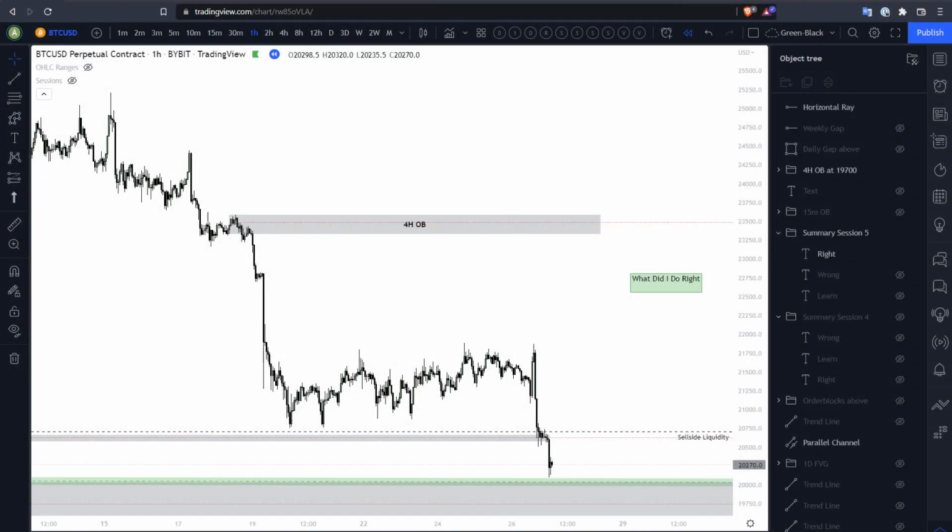For the summary of this whole 5th session, I guess the only thing that I did right here was to identify approximate areas where I should expect any sort of reaction. So here on my first trade setup, basically it was range high, where prices are often reversing.